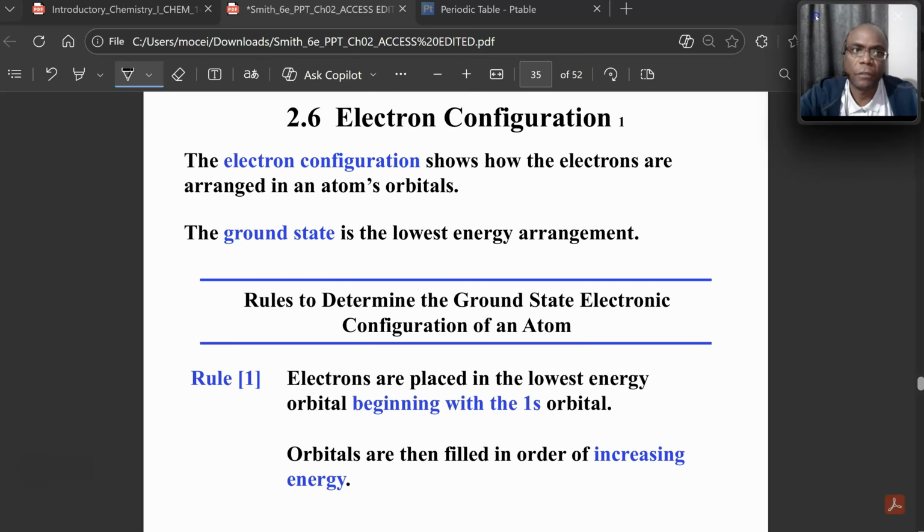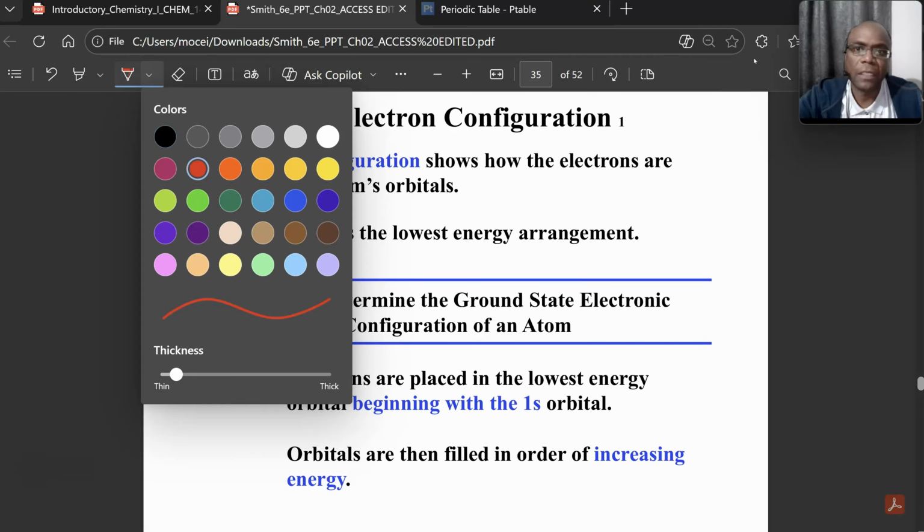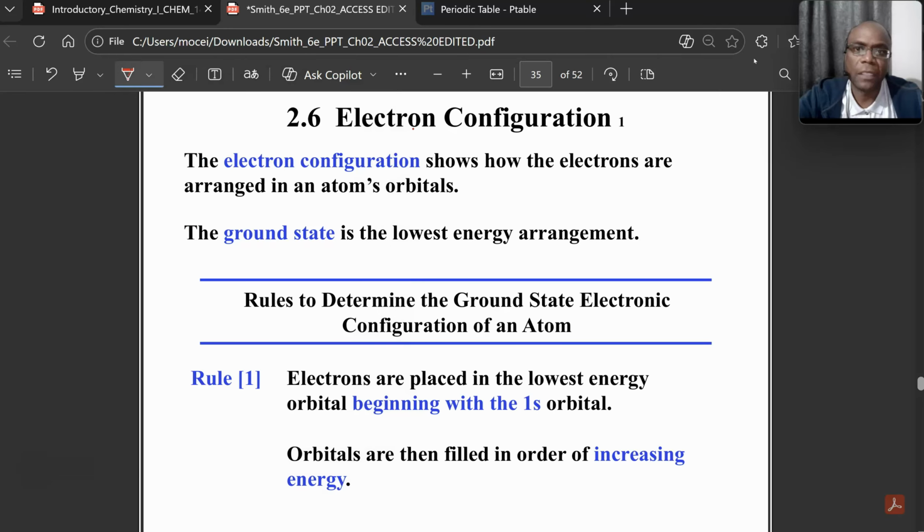Now, we've learned about the orbitals, we've learned about the shells, we've learned about how many electrons can be in each of the orbitals in the subshells SPDF. SPDF are just subshells found in the shells, which is n equals 1, n equals 2, n equals 3.